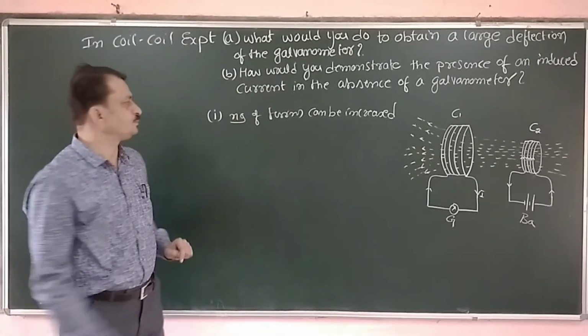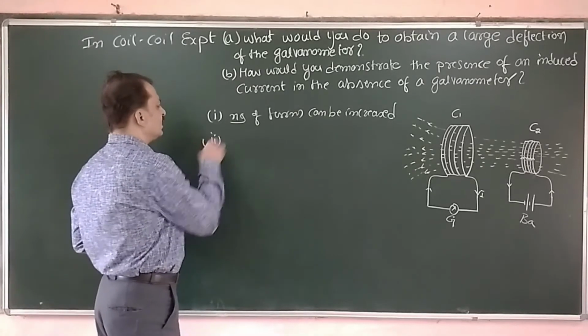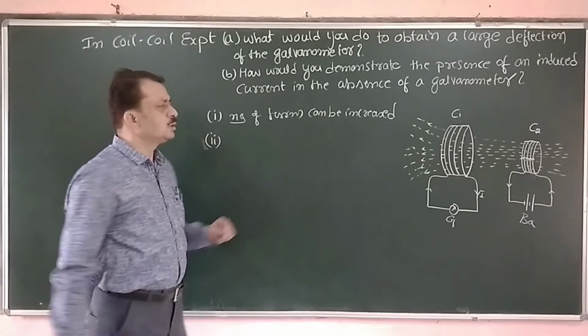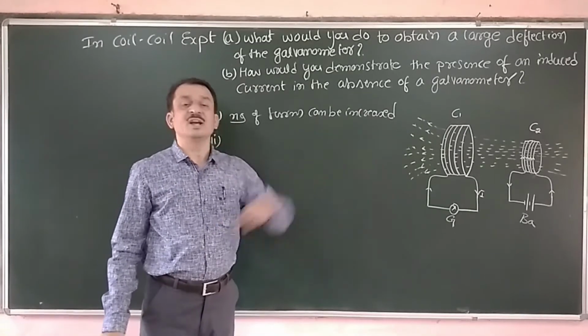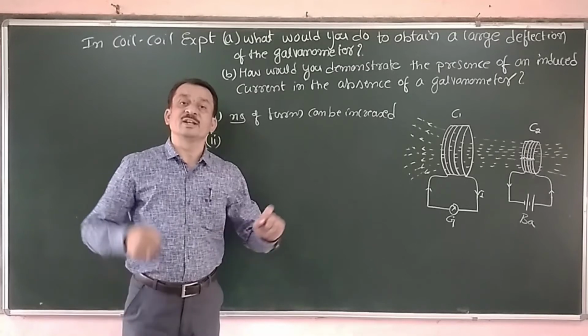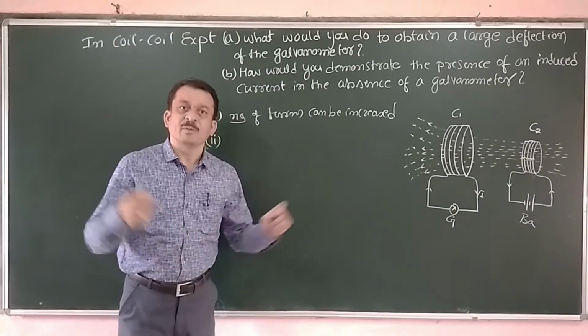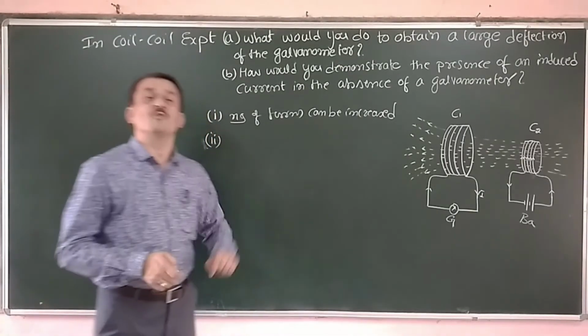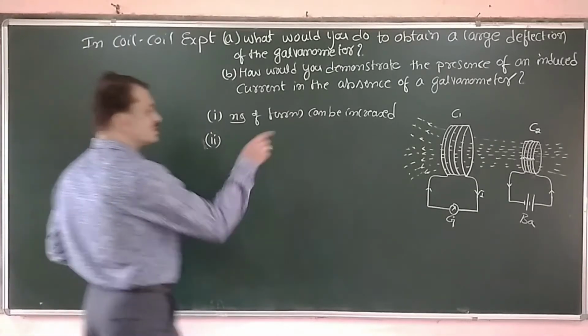This is one method. And the second method, now we will take the relation with respect to the solenoid. In the case of a solenoid, we can increase the magnetic field by placing a soft iron core inside the solenoid.